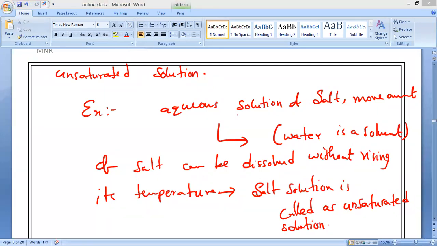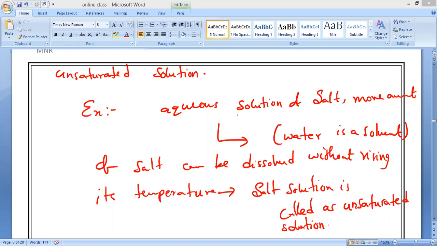An unsaturated solution contains a lesser amount of solute than the maximum amount of solute which can be dissolved at that particular temperature.